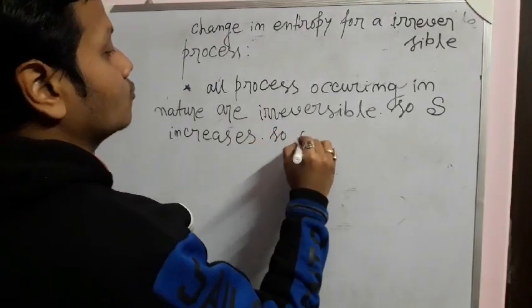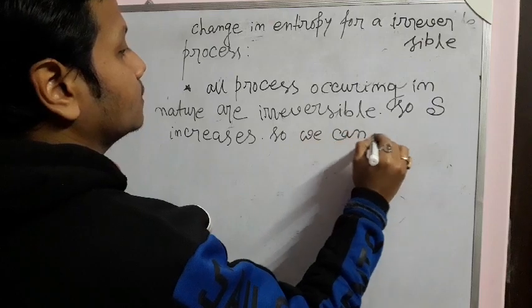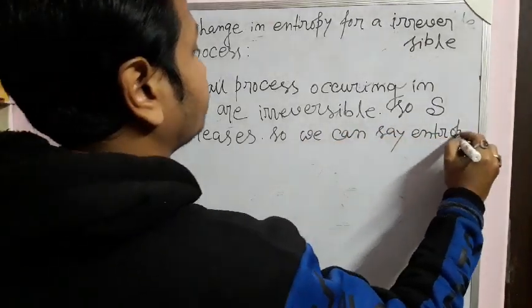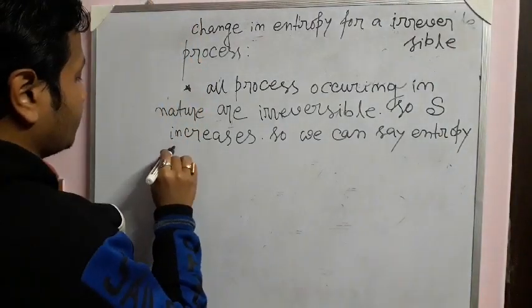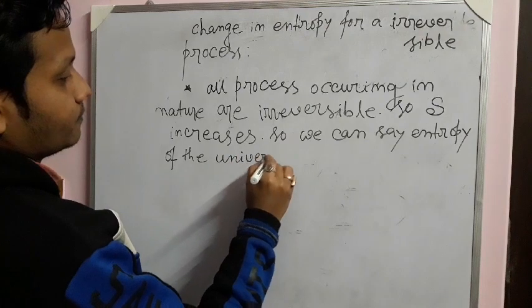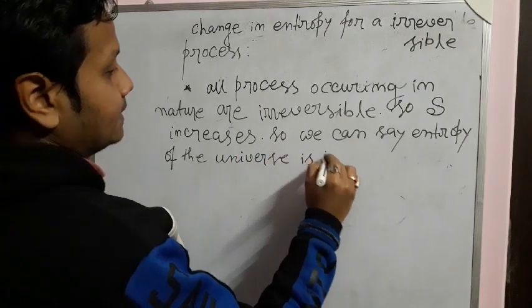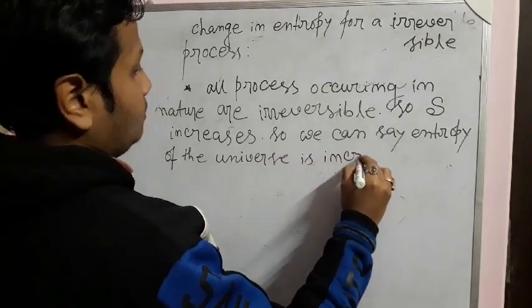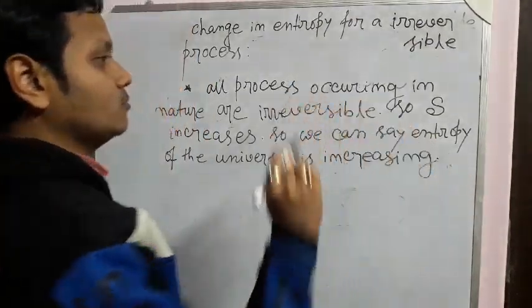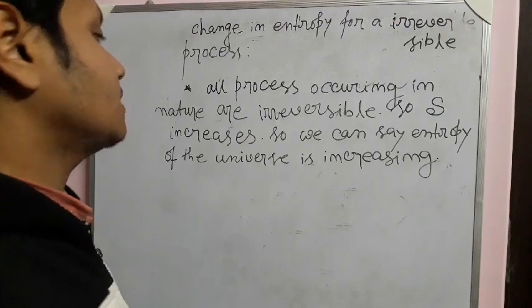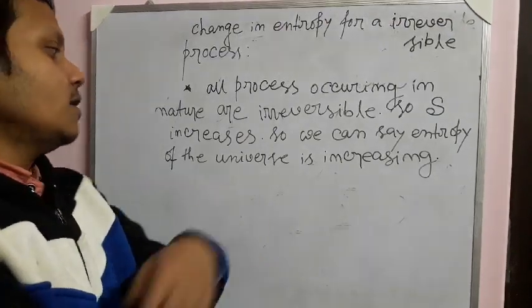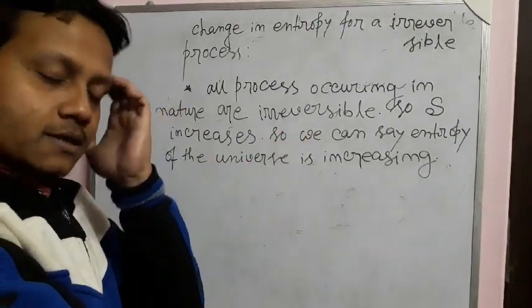So we can say the entropy of the universe is increasing. Okay, so we can see that the entropy of the universe is increasing, since the process is irreversible and all processes occurring in nature are irreversible. We can say the entropy of the universe is increasing.